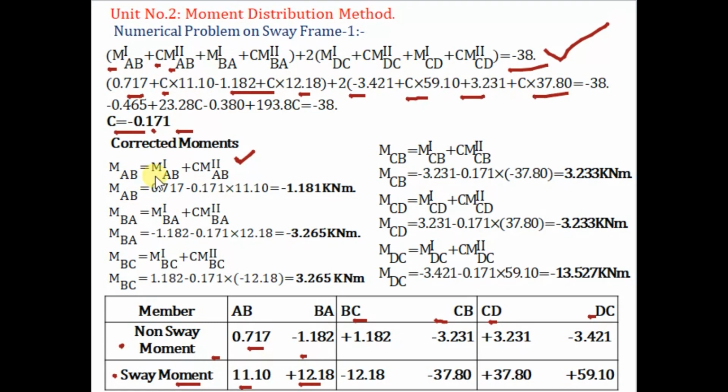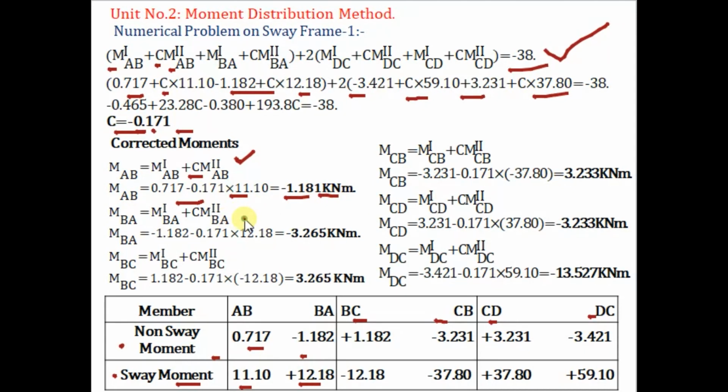Now put this value in to get the corrected moment. So MAB is equal to first MAB plus second MAB into C. So our corrected moment MAB is equal to 0.717 minus, this correction we have to apply, minus 0.171 into 11.10, we have minus 1.181.